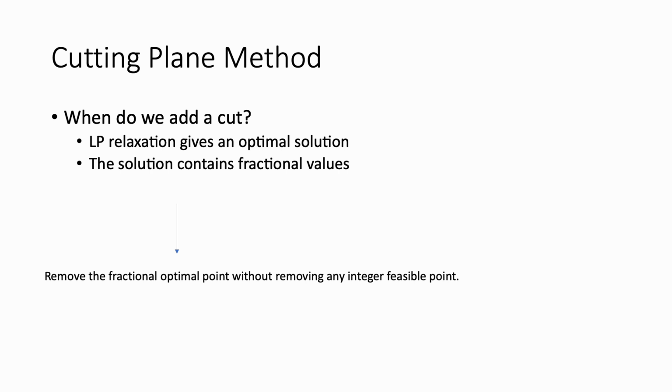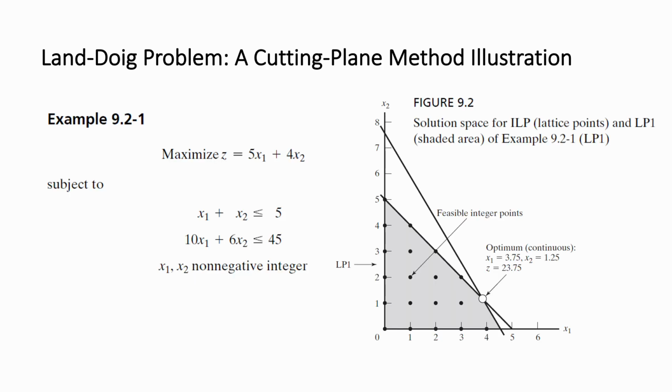We don't need to do anything. But if fractions appear, that's when we surgically, like we're doing an operation, add a new constraint. It's like saying this fractional point is impossible for the real problem, so we'll have to mathematically forbid it while still allowing all legitimate integer options.